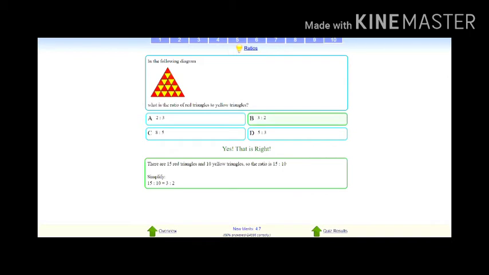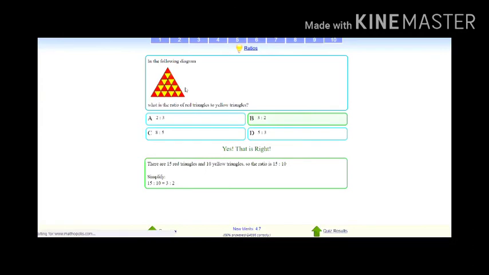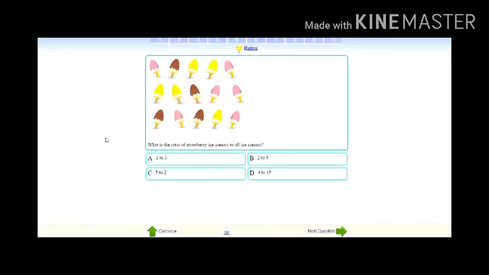Excellent. So you are ready now. Your mental exercise is nice. So now we move towards ratio more. Ratio in a different form, now we will see. And this time you will see some different ratios.